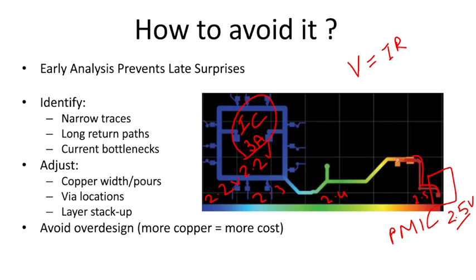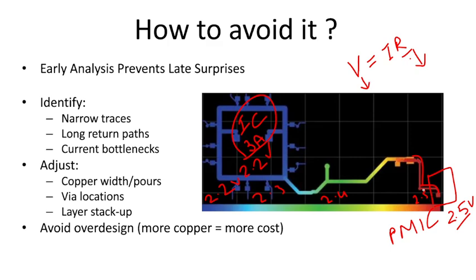But we have control over the resistance because we have some space available here, so you can increase the width of these traces so that the resistance will decrease. Once the resistance decreases, which is directly proportional, the voltage drop will decrease too.